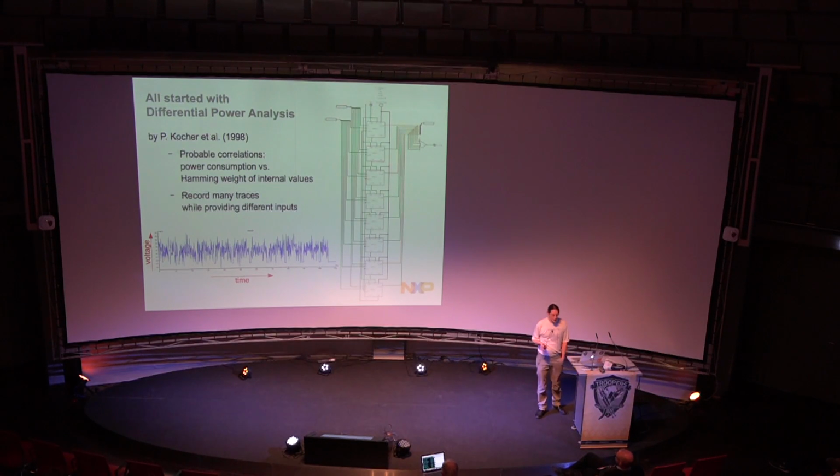So there, how does it work? It's about a probable correlation between the power consumption of the chip and the content of the data that are used during the computation of the cipher. And it's using what we call the Hamming weight model.